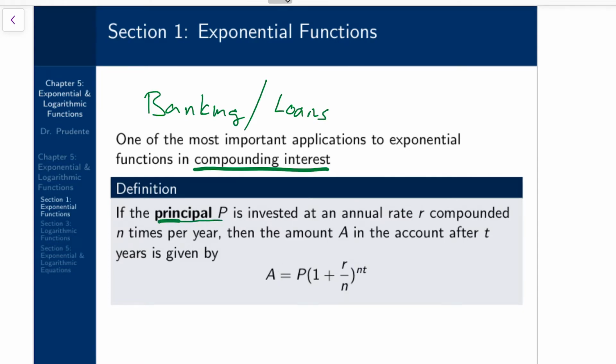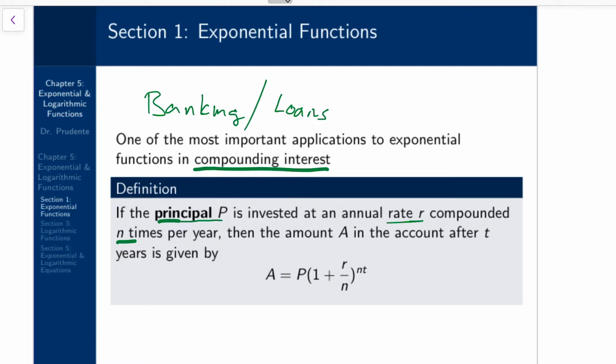So the principal is how much we initially invest, right? So if our initial investment, or principal, is invested at a rate of R%, compounded n times per year, what that means is after so many days or months or weeks or whatever, interest gets accounted for and the money increases, right?